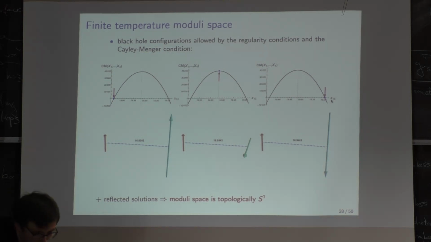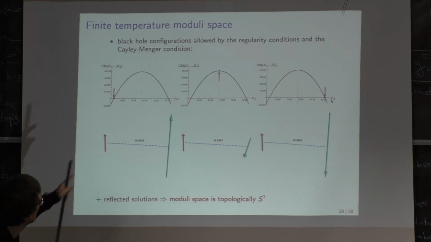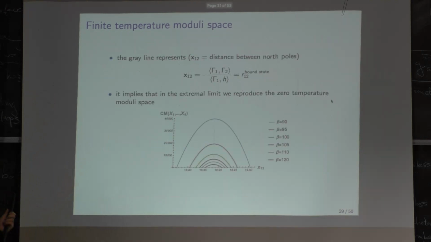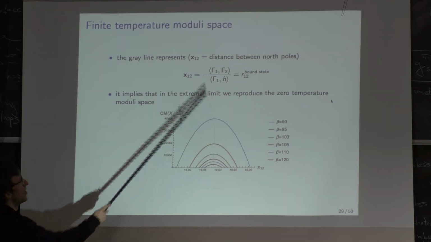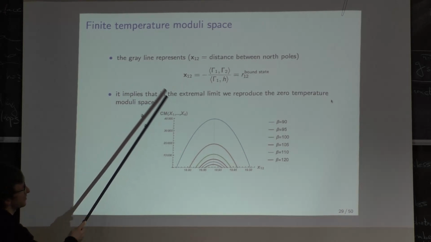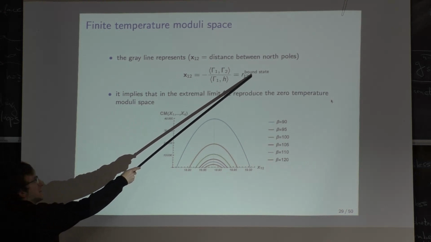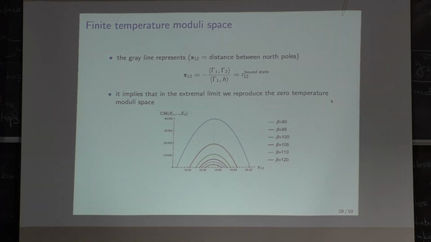So now let me focus on an important part of this plot, which was maybe not that visible, but there is a gray line there, and this gray line is important. The gray line is essentially a plotted value of the distance between the North Poles, equal exactly to the original 0 temperature distance between the centers, just a specific value of x12.